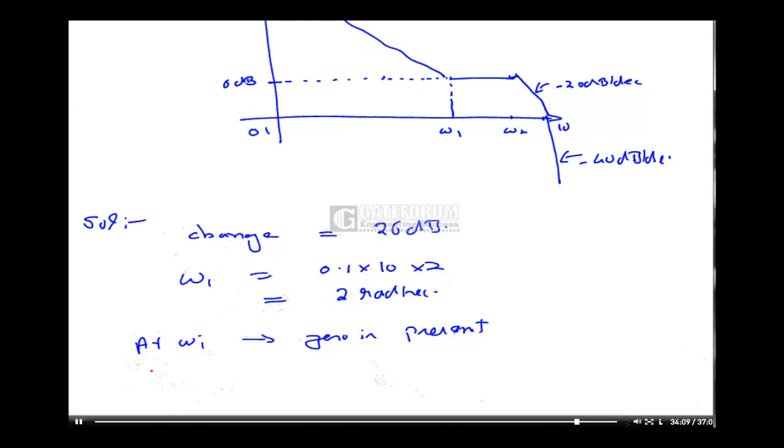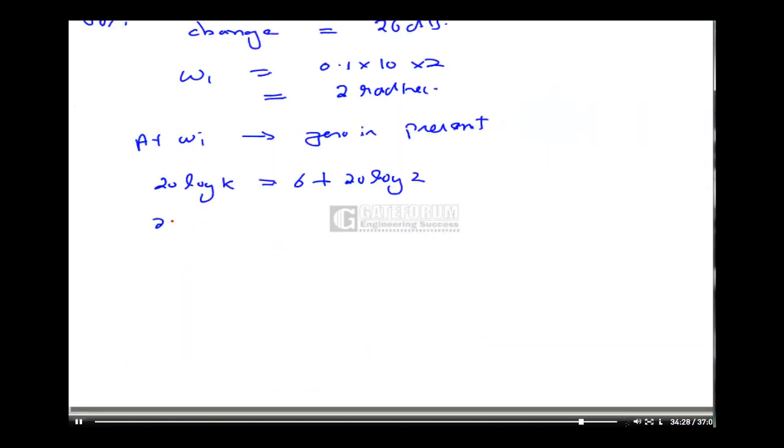For finding the value of k, which is a constant, I can write 20 log k is equal to 6 plus 20 log 2. Then with this I can find the value of k. 20 log k is equal to 12, which implies k is equal to 4.